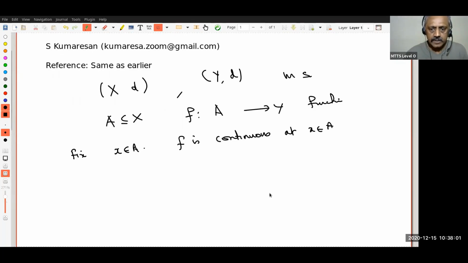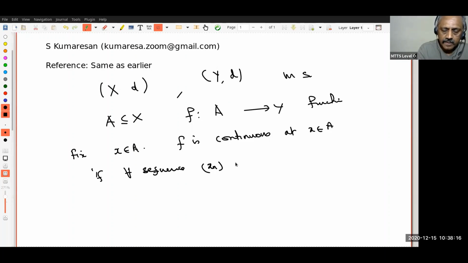So what is my definition? This is all I have to look at. f is continuous at x if for every sequence x_n in A, I have the sequence f of x_n. This is a sequence in Y. Now you notice that the sequence must be in A, because f of x_n must make sense.